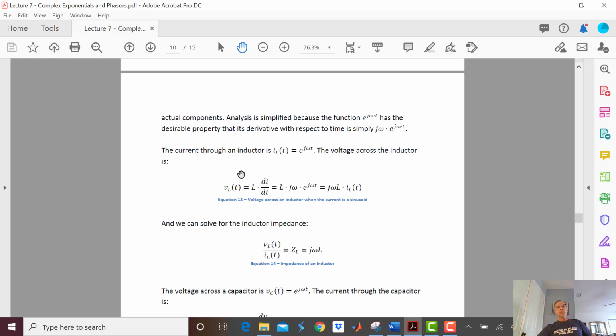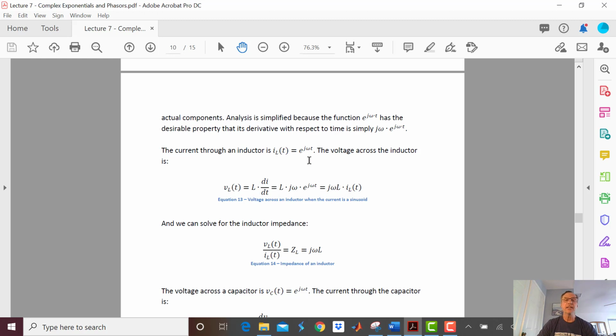So if the current through an inductor, i sub L, is equal to e to the j omega t, then the voltage across the inductor, we know that's going to be v sub L of t equals L di/dt. Well, let's just use our formula. For di/dt, we know i is e to the j omega t.